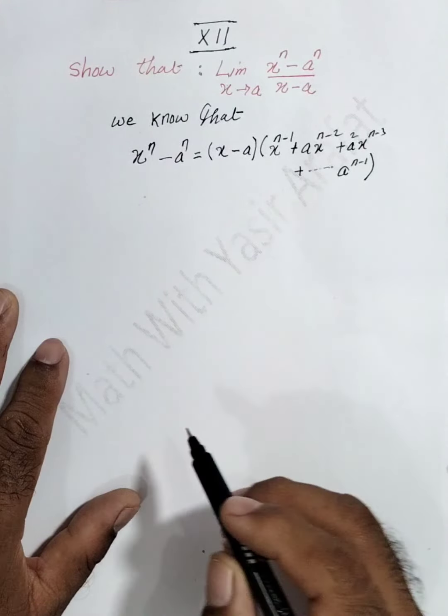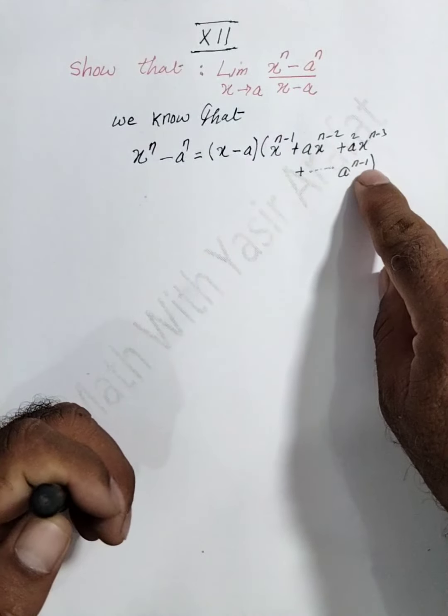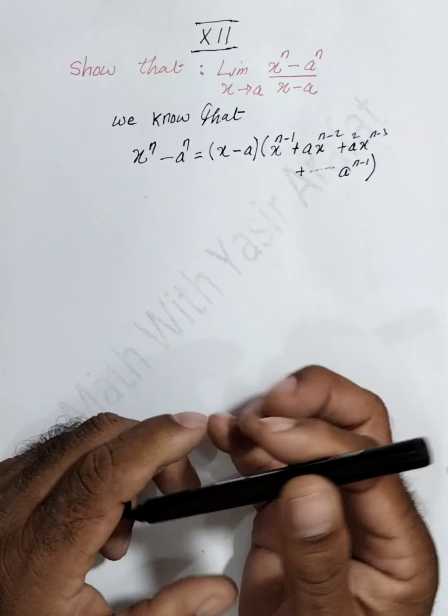This is the result we have to use here, x^n - a^n.